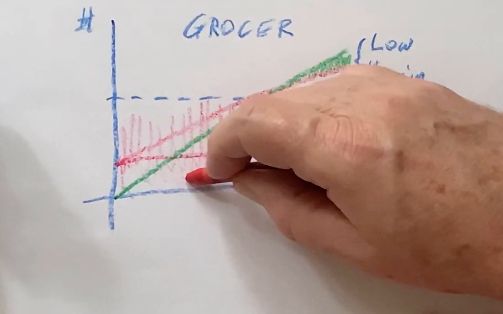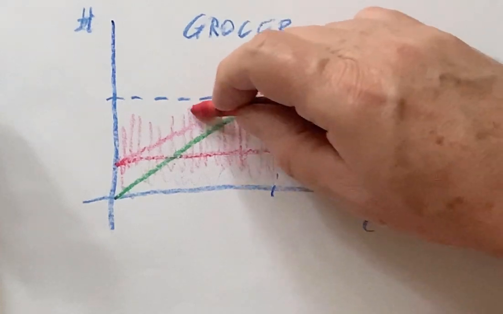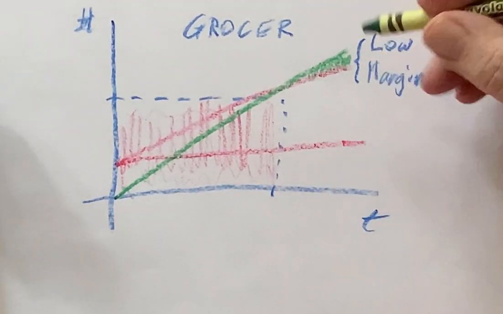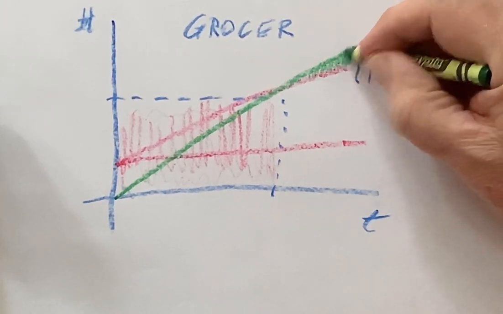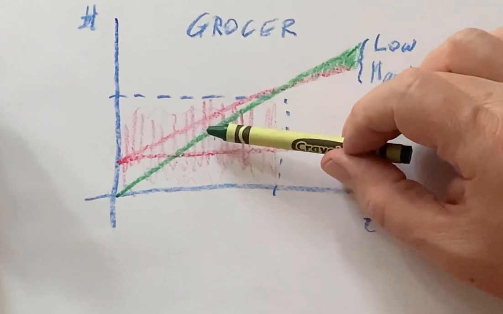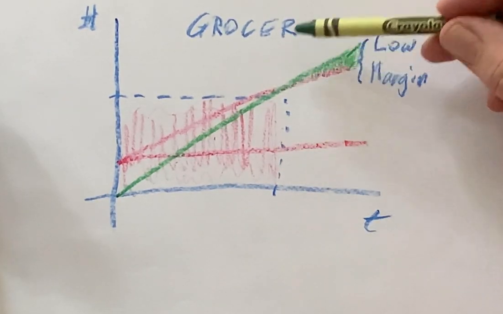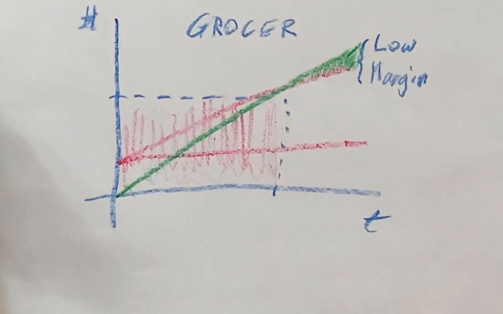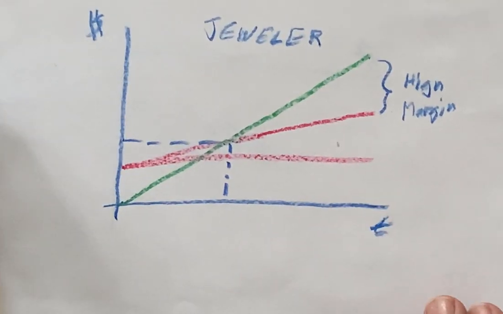Okay? And what they want to know is this out here, this green space out here, as you move forward, is it going to make enough money to cover this? How deep does this hole go before you get to break even? And they're going to want to know that, whether it's the grocer model or whether it's the jeweler model.